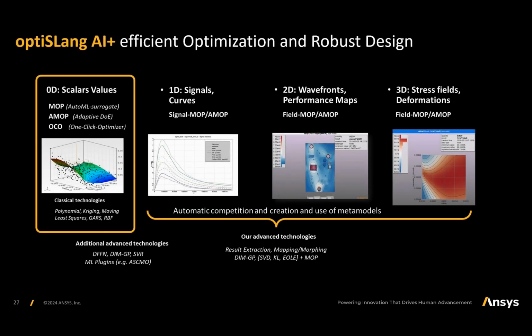OptiSLang AI+ is our tool for creating automated workflows and enabling design exploration, design of experiments, and optimization. The most advanced techniques in these areas are AI-powered, and so again, we're highlighting this in this AI+ package. So this is for optimization.